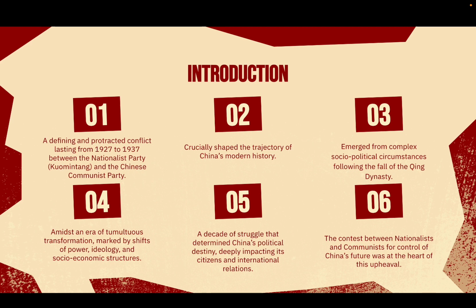Third, how it emerged in the causation of the war. Fourth, the amidst of an era of transformation and how it marked shifts of power, ideology, and socioeconomic structures. Fifth, how it was a decade of struggle and it really impacted its citizens' international relations. And lastly, just the contest between the nationalists and the communists.